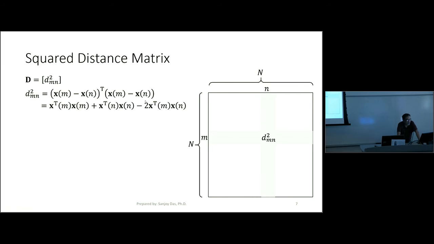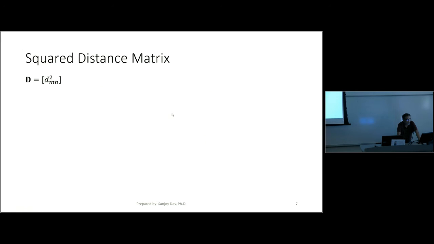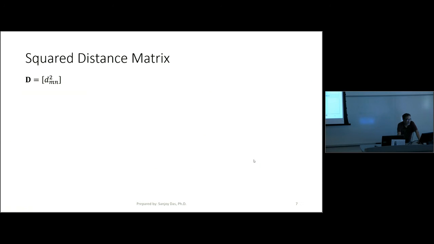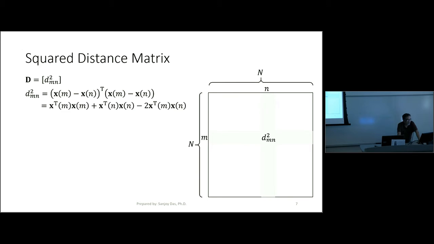What is each entry like this, xm transpose xn? Now here it's bar, that's why we get a centered Gram matrix, but without these bars, before centering, what would you get? What is this, xm transpose xn? It's the element in the mth row and nth column of the Gram matrix, correct?